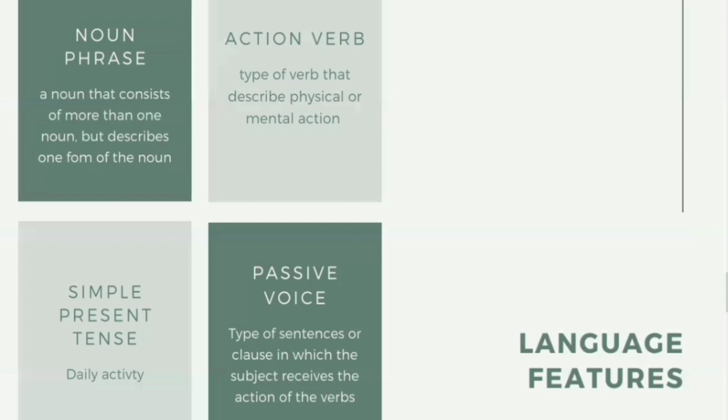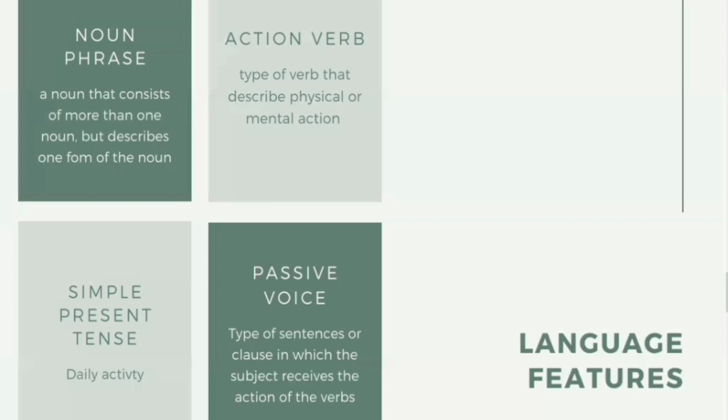Passive voice is a type of sentence or clause in which the subject receives the action of the verb. Example: I write the story. That is the active voice. When we change it into the passive voice, the first thing you must do is find the subject and the object of the statement.